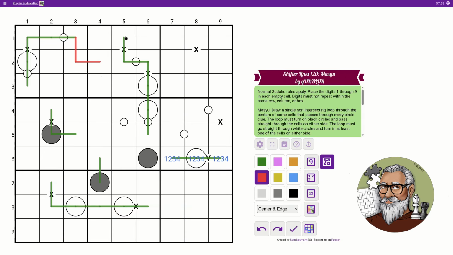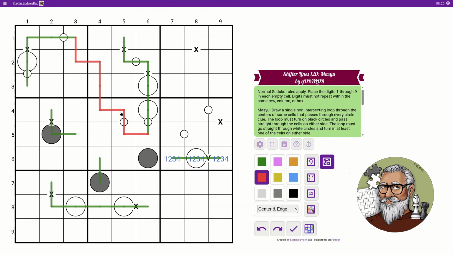Now I can't go up and connect anymore because then I would have a section of the loop that's 3 long. Okay, but if I go down, seems okay, right? 2, 2, 2. Yeah, this seems okay.